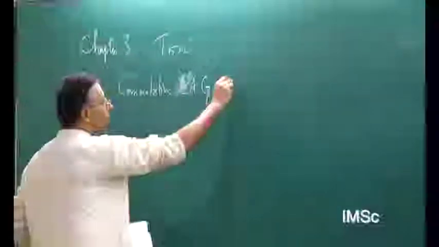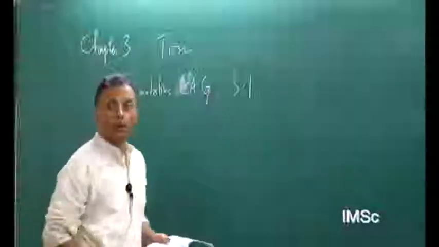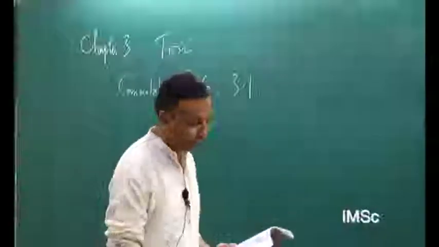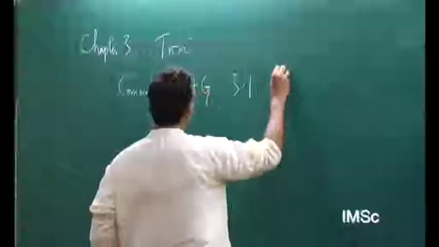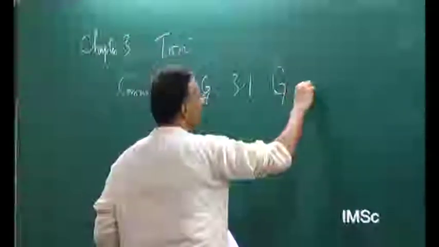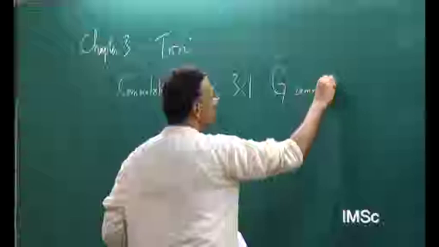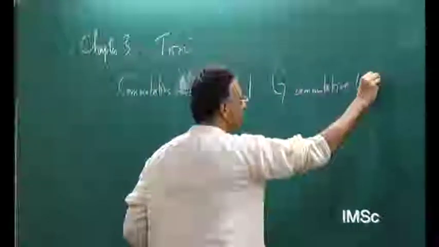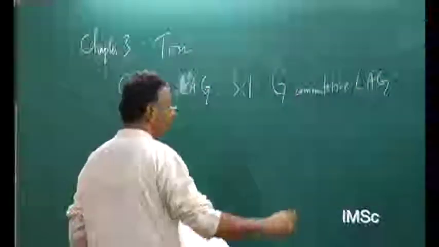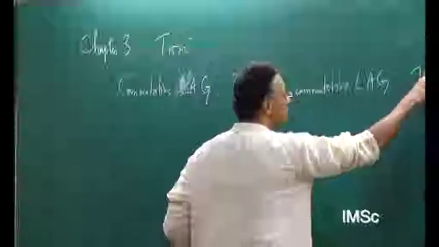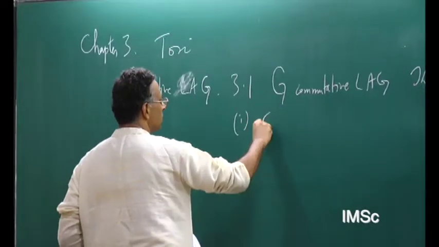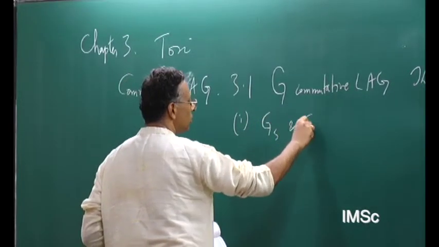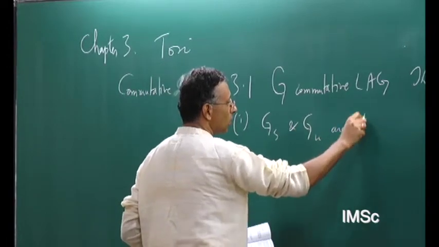So 3.1 was about commutative algebraic groups. So if G is a commutative linear algebraic group, then 1, GS and GU are closed subgroups.